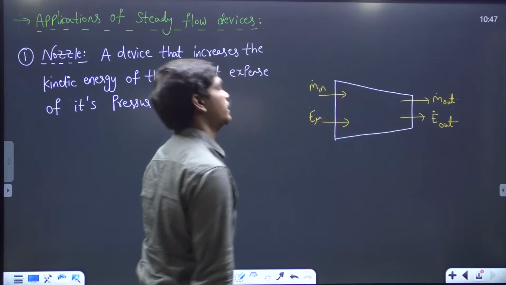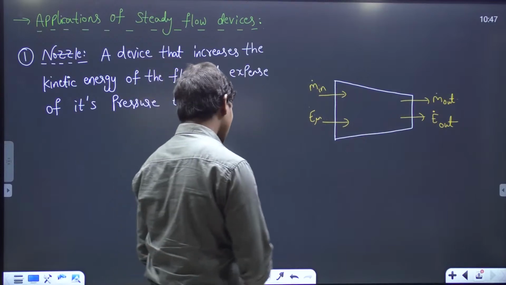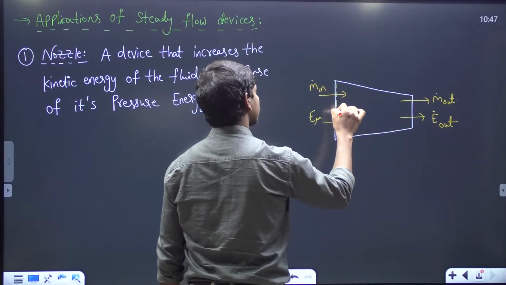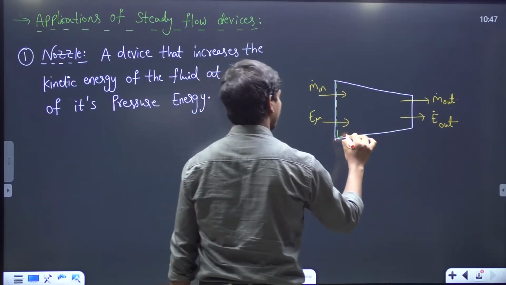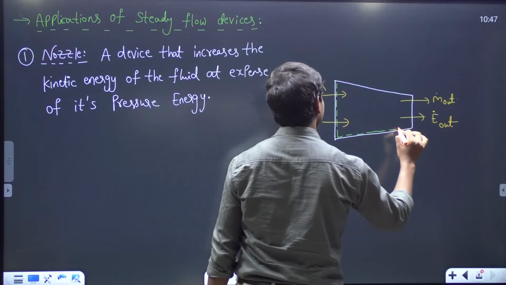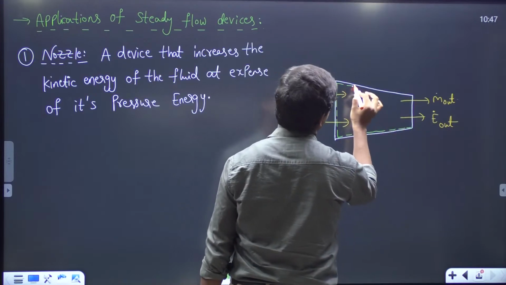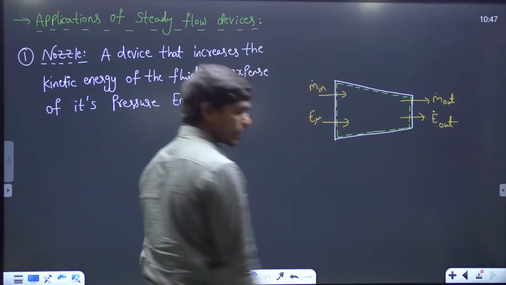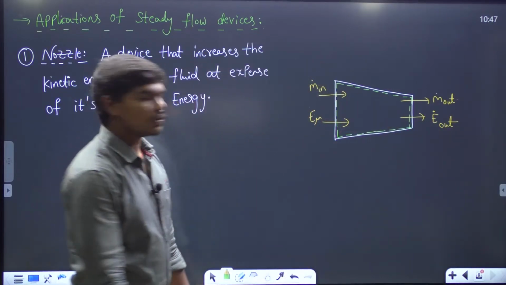Let us see what happens for a nozzle. This is the boundary of this nozzle.